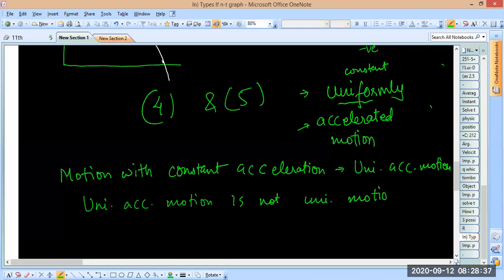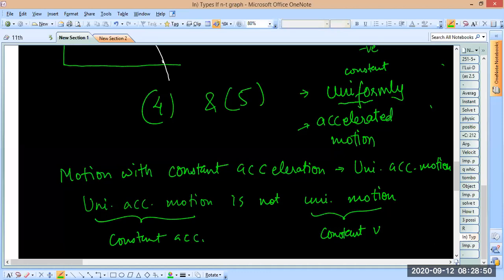They are different. Uniform motion means constant velocity, and this would actually mean constant acceleration. So they are different. Uniform acceleration means constant acceleration. Falak, I don't think you have any problem with that.